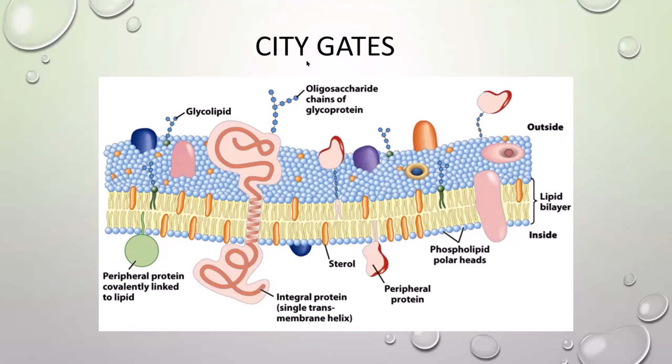When the signaling protein binds to this cross-membrane protein, this part will change because of the binding. And when this part of the protein changes, then this part of the protein changes also, which sets up a signaling complex to tell the cell to do whatever it was supposed to do. So the bottom line is that cells are highly regulated as to what comes in and goes out of the cell.